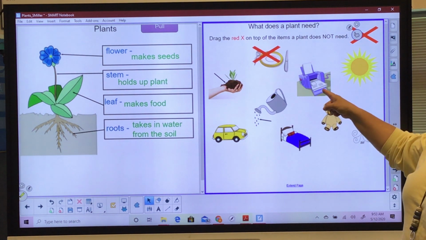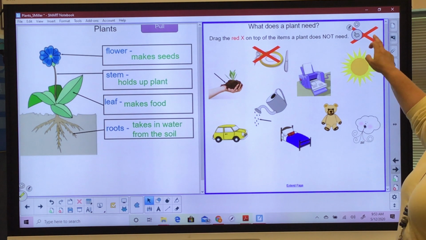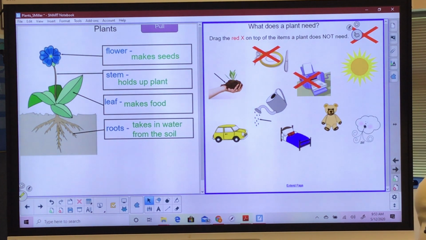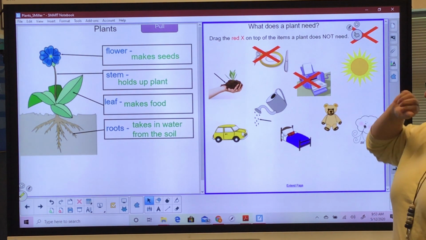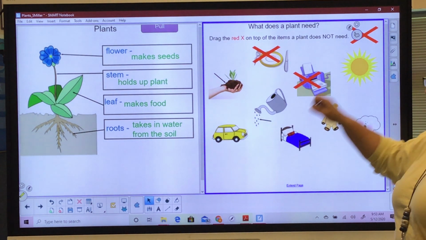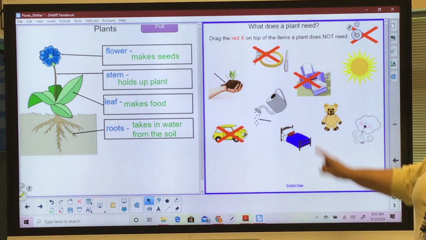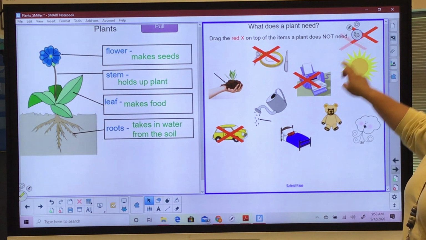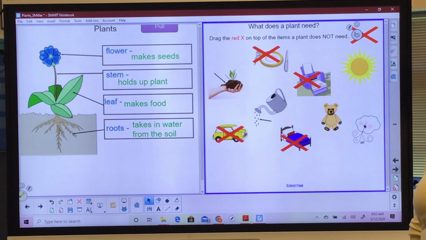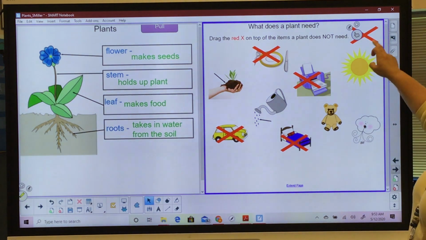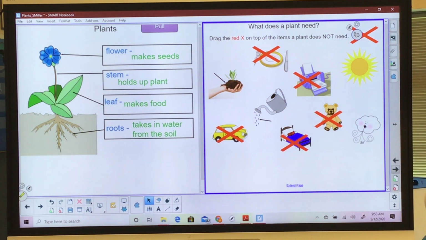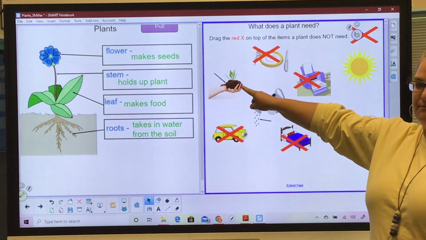Does a plant need a printer? No, no printers needed. Does the plant need a car? No, does not need a car. Does the plant need a bed? No. Does the plant need a teddy bear? Absolutely not.